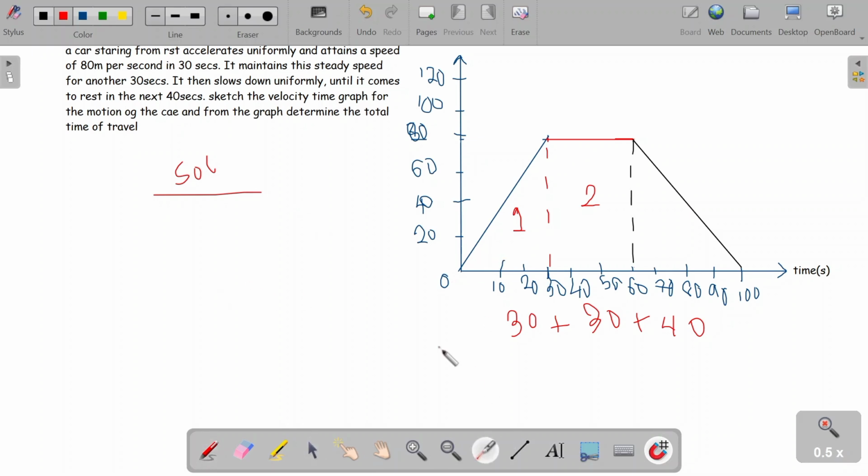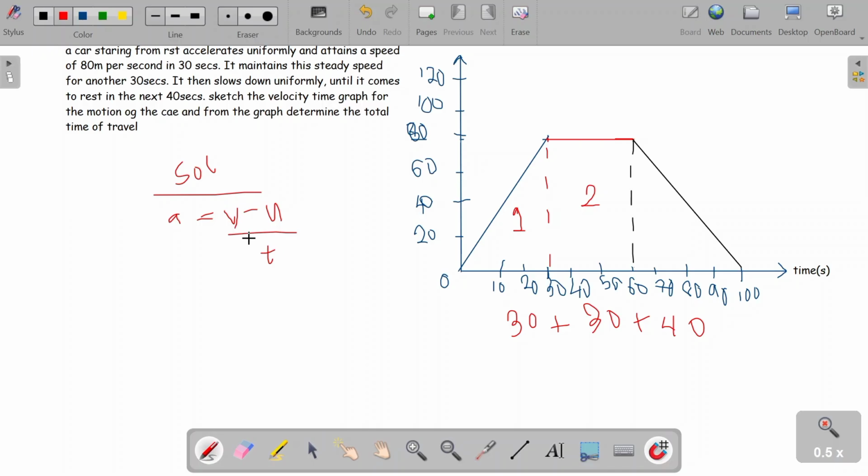Remember that acceleration is change in velocity over time. Let me write the formula down. So a is equal to v minus u, all over the time.